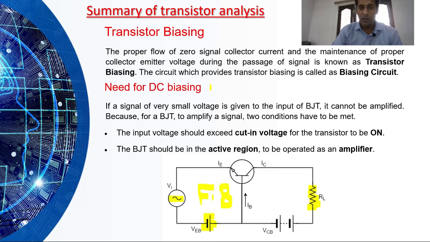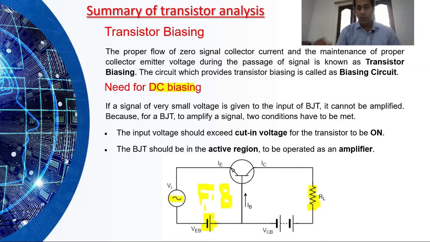Along with this, we require some kind of biasing. That means the connection of the battery voltages and the connection of appropriate resistors. We have to take care of them. Why? Because the input voltage should be small. We are increasing the small input voltage to higher values. That is amplification. If we have a weak signal, we have to enhance it to a higher level.